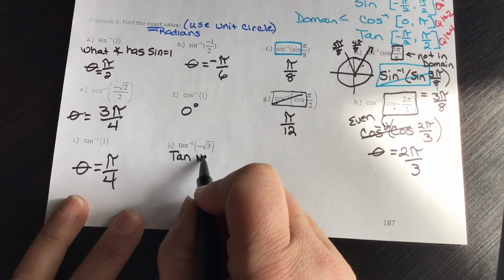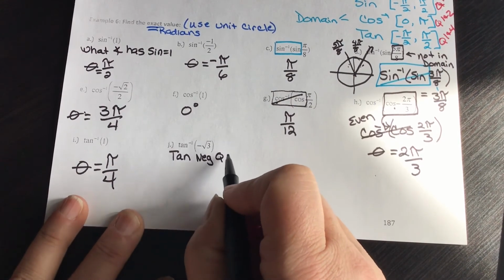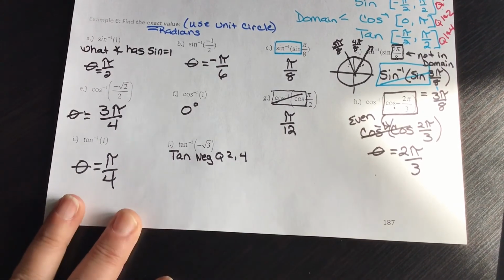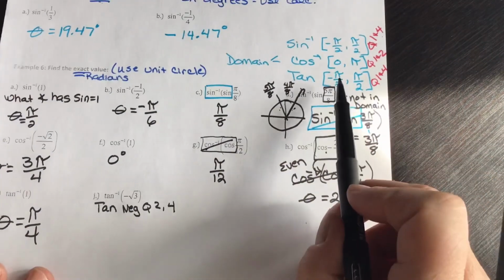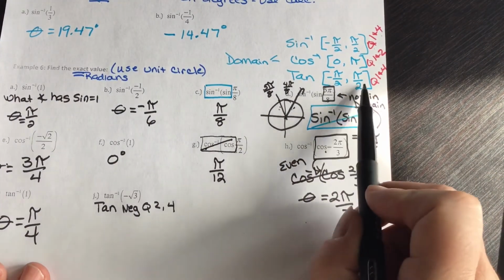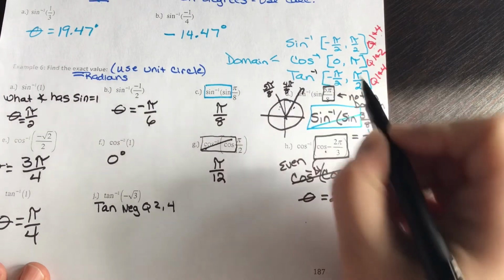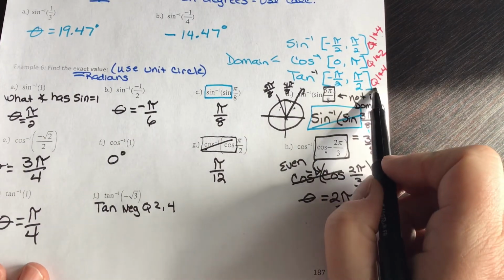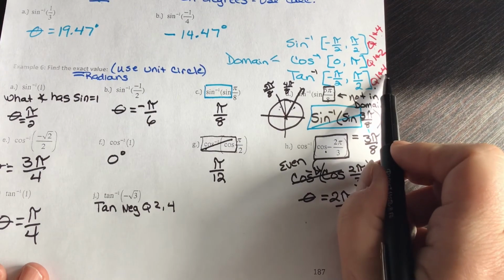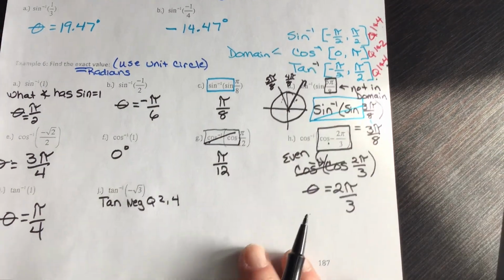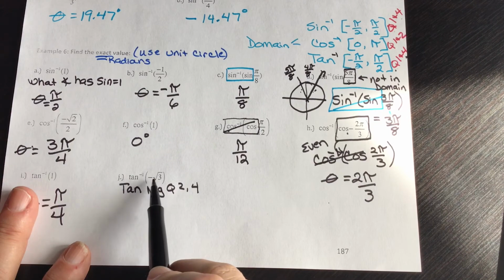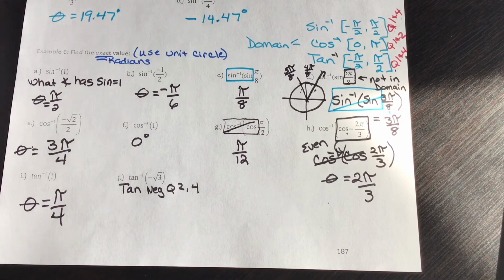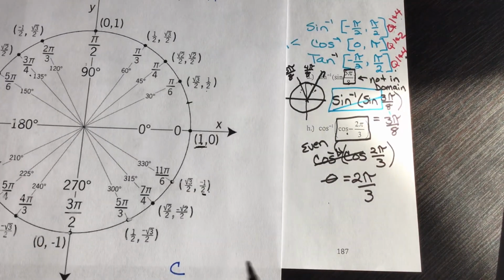Tangent is negative in quadrants 2 and 4. And if I look at my domain here for inverse tangent, I can only look at quadrants 1 and 4. So I'm looking for an angle in quadrant 4 that has negative square root of 3 as a tangent.